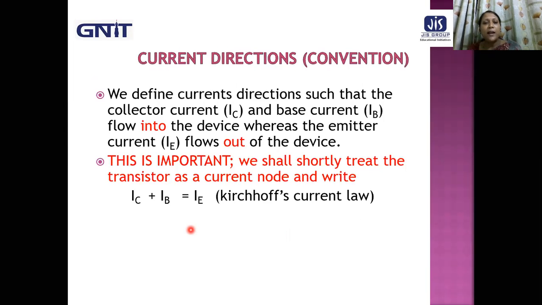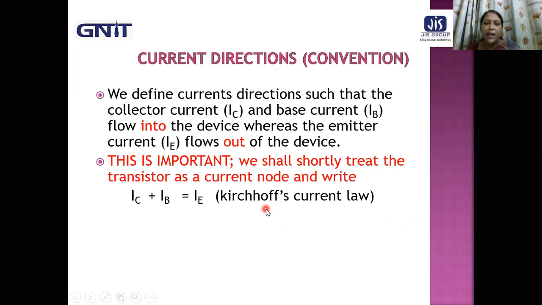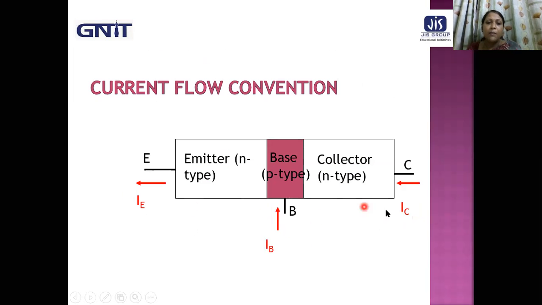So we define current direction such that the collector current IC and base current IB flow into the device, whereas the emitter current IE flows out of the device. From Kirchhoff's current law, we can write that IC plus IB equals IE.